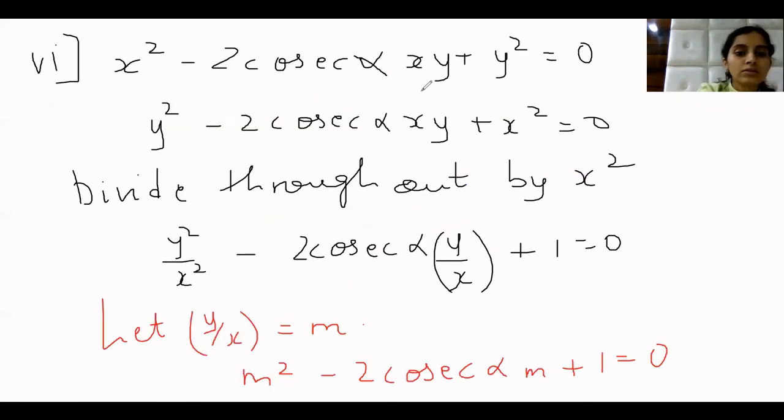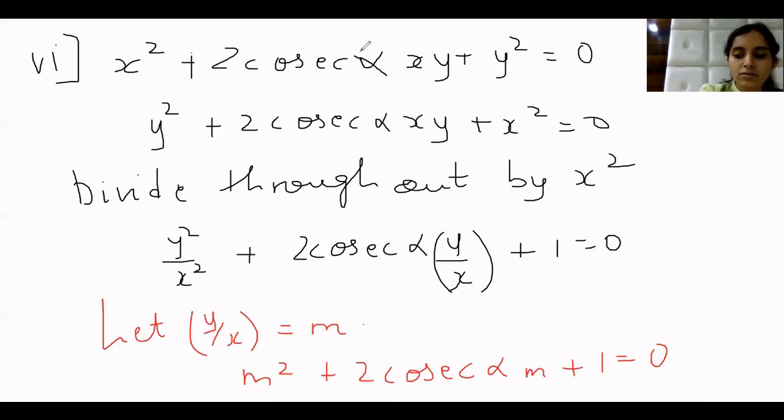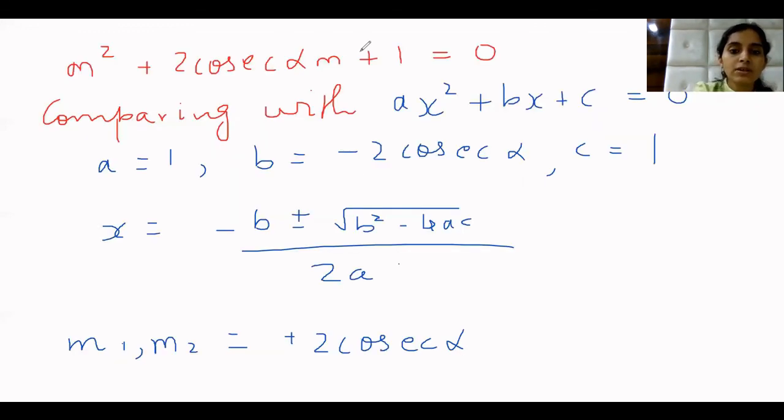Oh, sorry, the sum has a positive sign here. The sum itself is positive, plus 2 cosec alpha. So we'll have a plus here. This will also be plus. Yes, extremely sorry, this will be plus again.